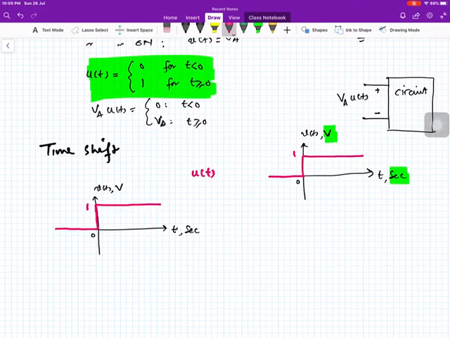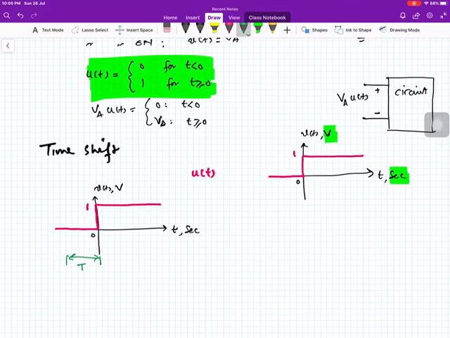Now I will shift the origin to the negative side by an amount t. This is any fixed time, 1 second, 2 seconds, 1 millisecond, microsecond, 1 hour, whatever it may be.